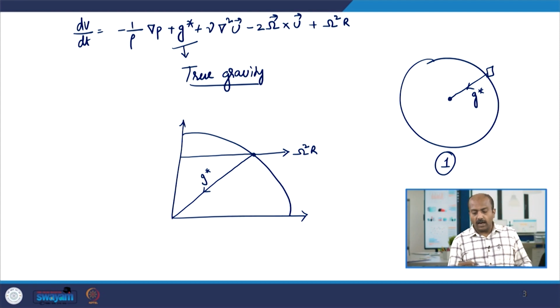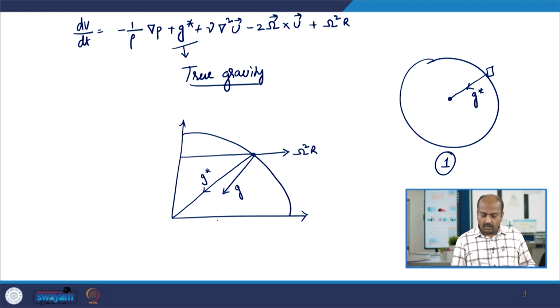Now, the effect of this force is that we have to add these forces. The vectorial sum of these forces will appear to be in this direction, slightly away from the center, right.